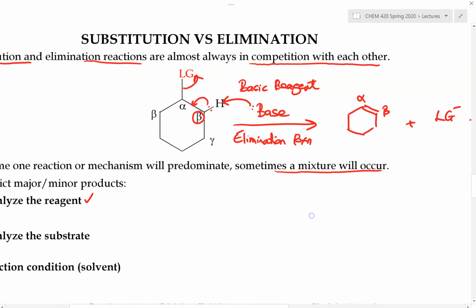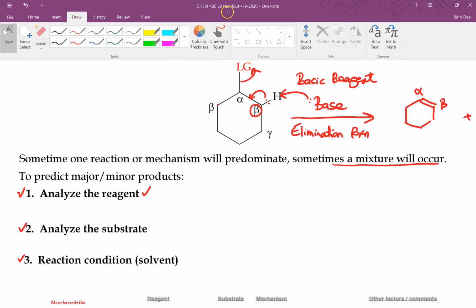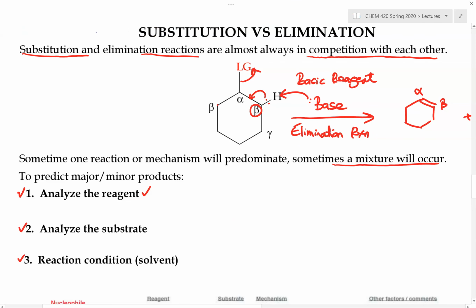So again, if we were to take our substrate and react this with a basic reagent, we will be favoring elimination reaction. Whereas if we were to now take the same substrate, but react this with a different type of reagent, in which the reagent is a nucleophilic reagent. A nucleophilic reagent is a reagent that can behave as a nucleophile.